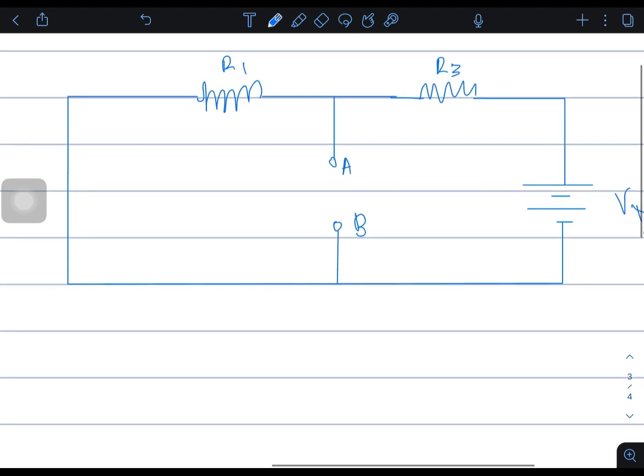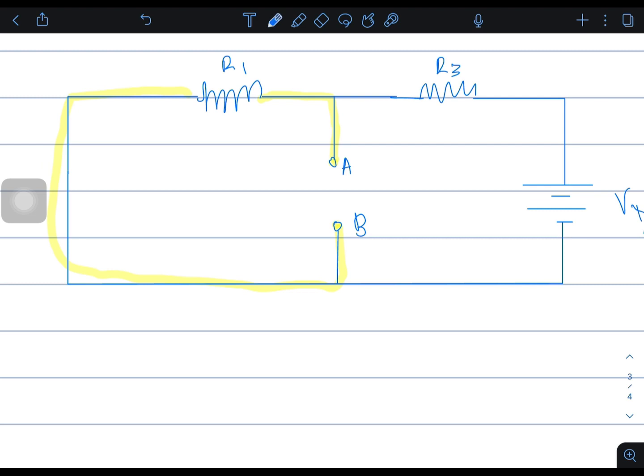We see that terminal A and B is connected across resistor R1. That means if we can find a voltage across R1, we basically found the terminal voltage between A and B.